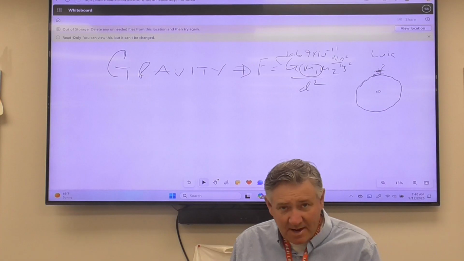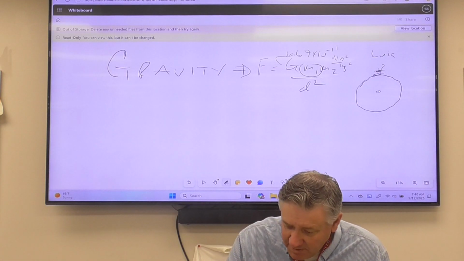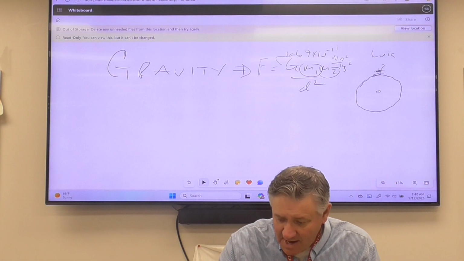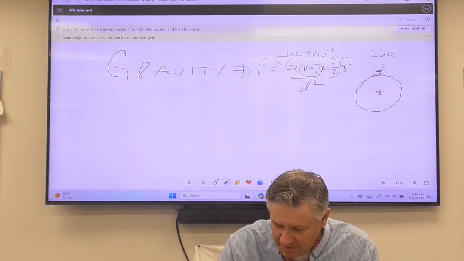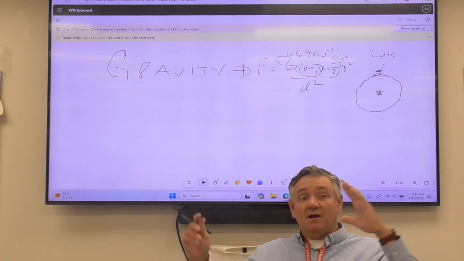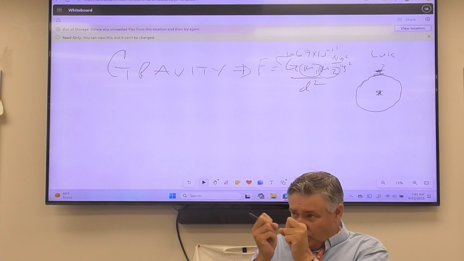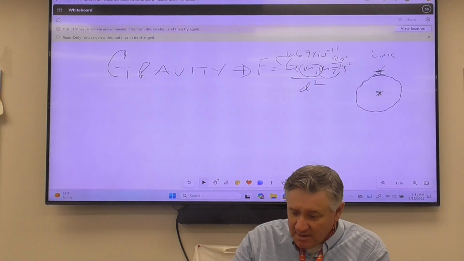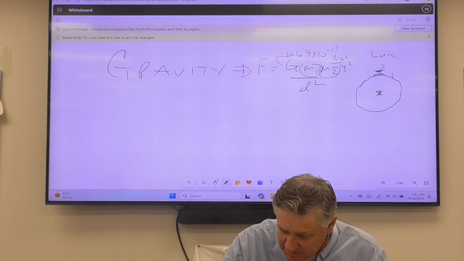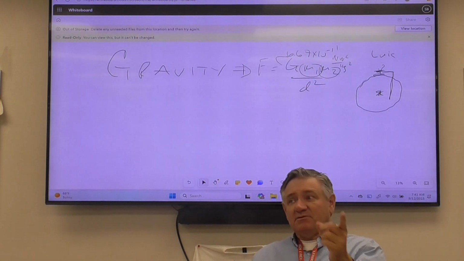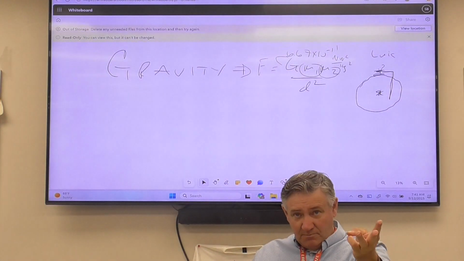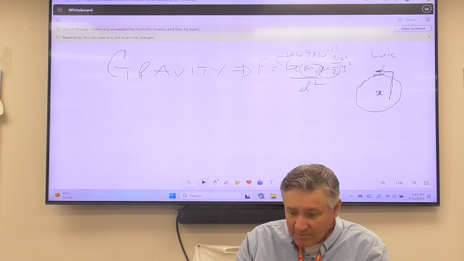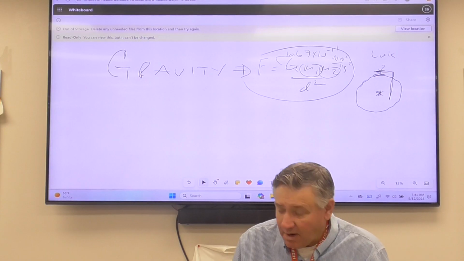And then we could plug in the mass of Louise, we could plug in the mass of the Earth, and then we treat the Earth as what we call a point mass, like all of the Earth is concentrated into one point right at its center. So if we knew the mass of Louise, the mass of the Earth, and how far apart Louise is from the center of the Earth, we could calculate the value of that force.